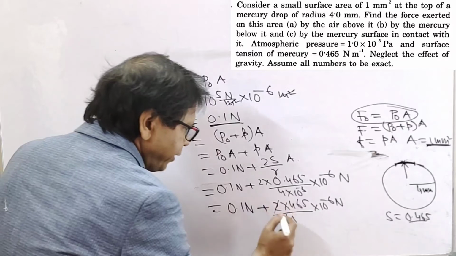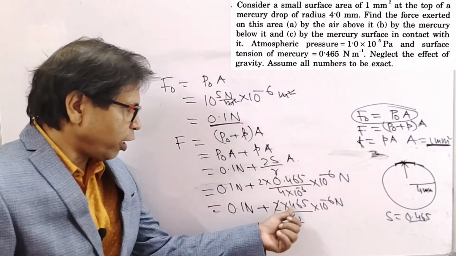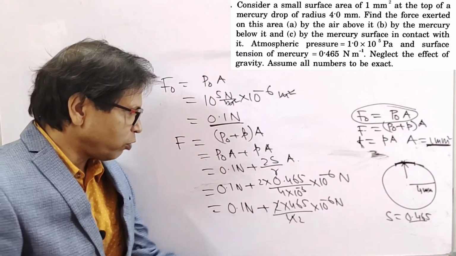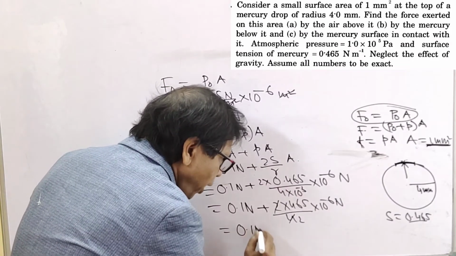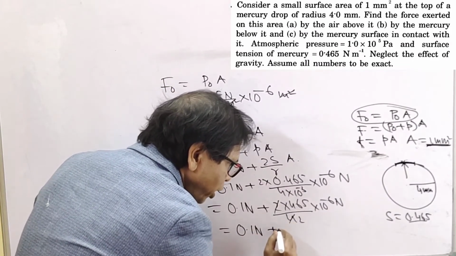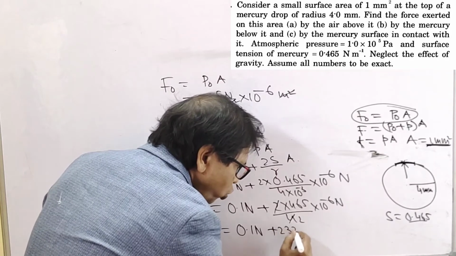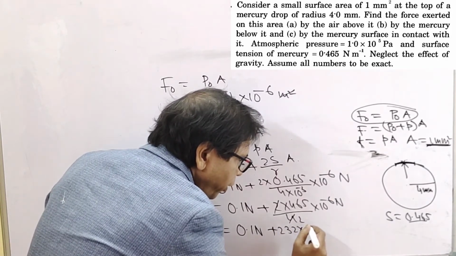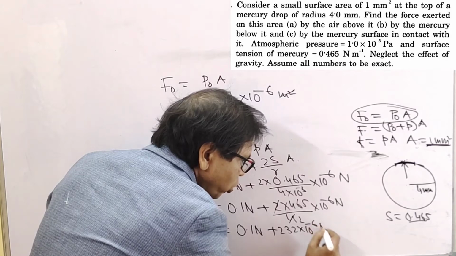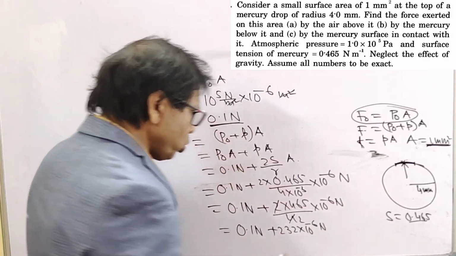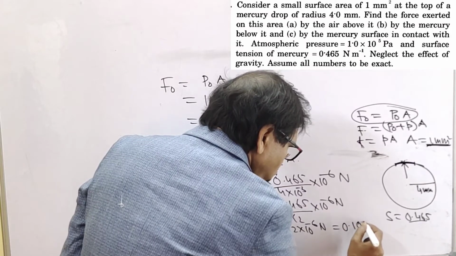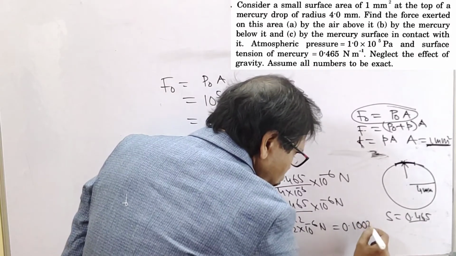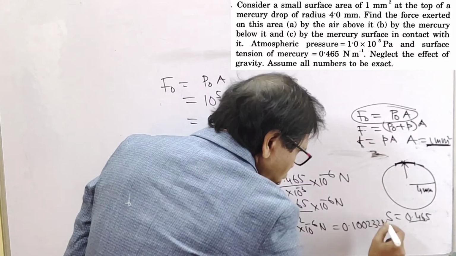So this and this 2, so this is 4 now. So this is 0.1 Newton plus 232 into 10 to the power minus 6 Newton. So the total force is 0.1000232 Newton.